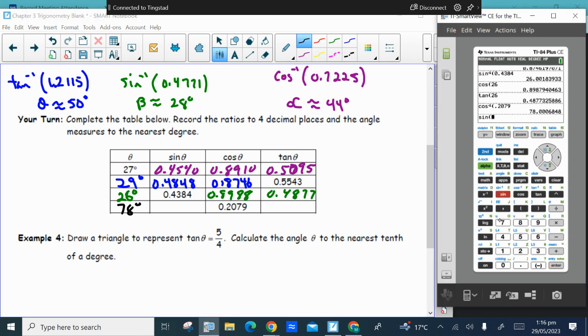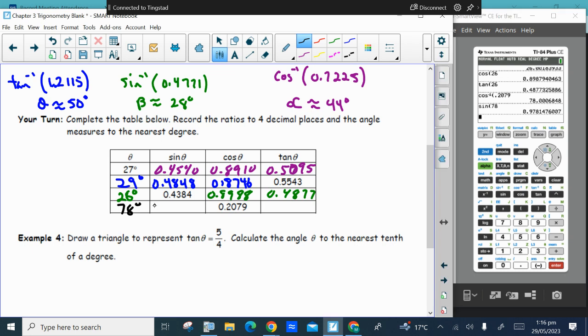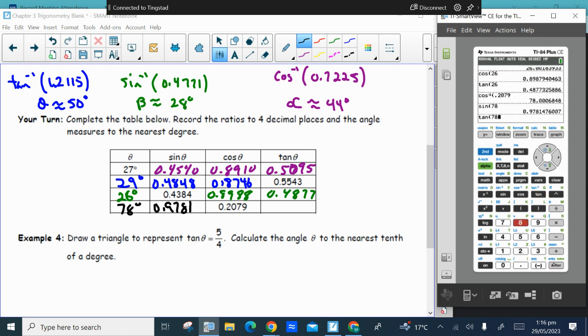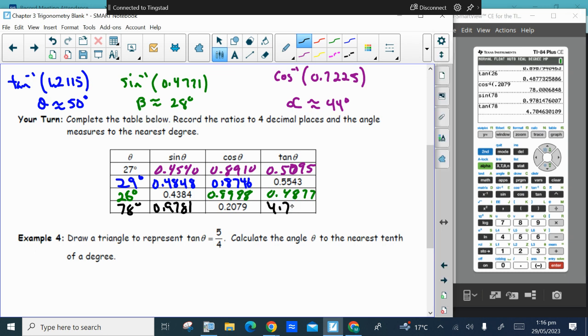And so now we can find the sine of 78, 0.9781, and the tangent of 78, 4.7046. Remember we said that the sine and cosine of every angle will be a decimal between 0 and 1. That's true. The tangent, however, can be greater than 1, which is true for 78 degrees, but it can also be less than 1.